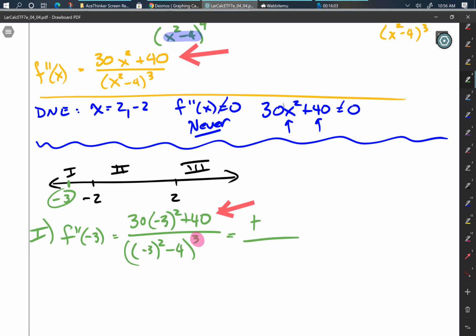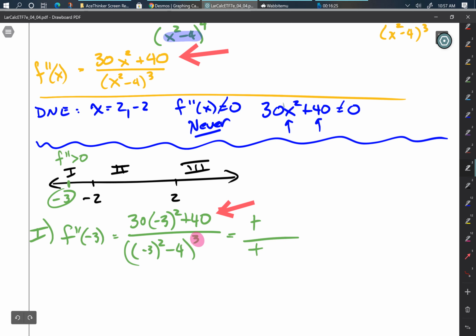So if those parentheses give us a positive value, then cubed will be positive. If the parentheses give us a negative value, then cubed will be negative. So let's look at what's happening here. I got a -3 squared, that's 9. 9 minus 4 is 5. 5 cubed is positive. Positive divided by positive means on that first interval, our second derivative is greater than 0.